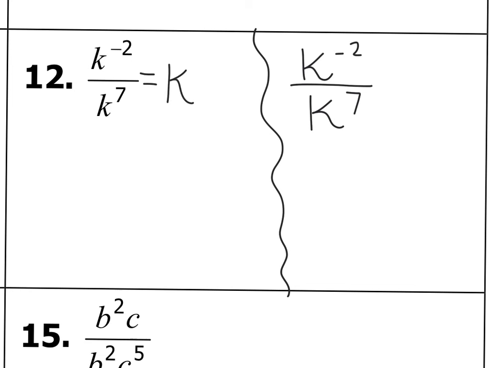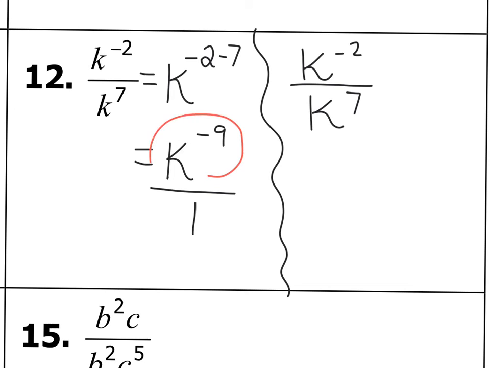That means this would be k to the power of negative 2 minus 7, which is k to the power of negative 9. And we know that k to the power of negative 9 is the same thing as k to the power of negative 9 over 1. And when I move this to the bottom, my new answer is 1 divided by k to the power of positive 9.